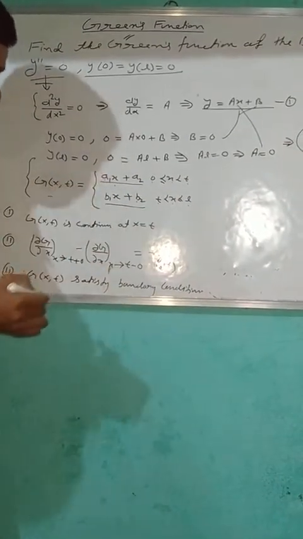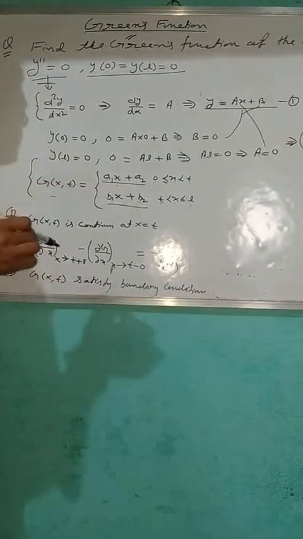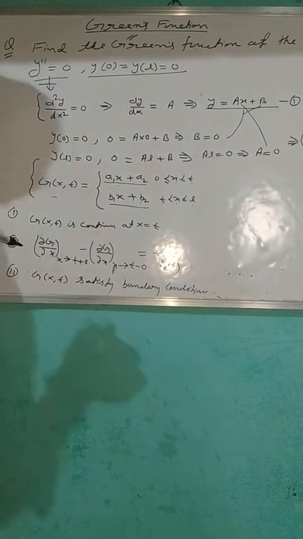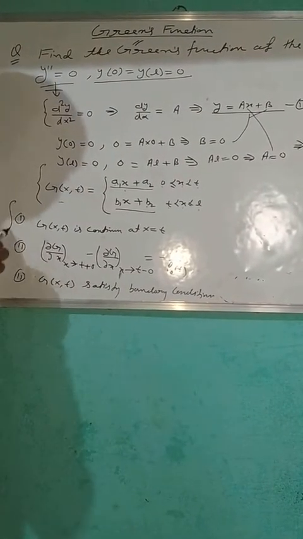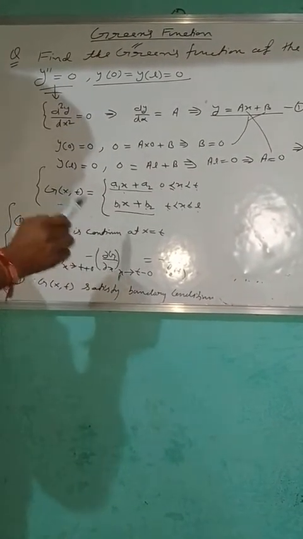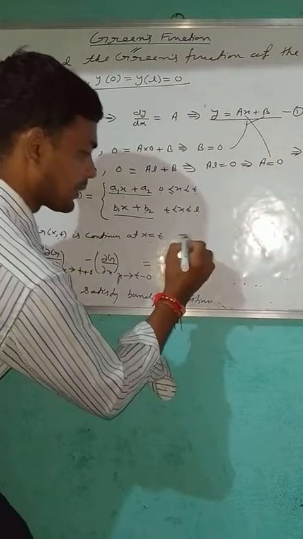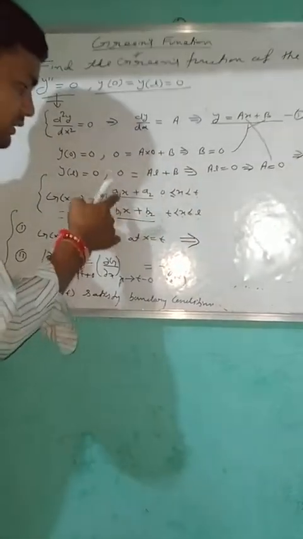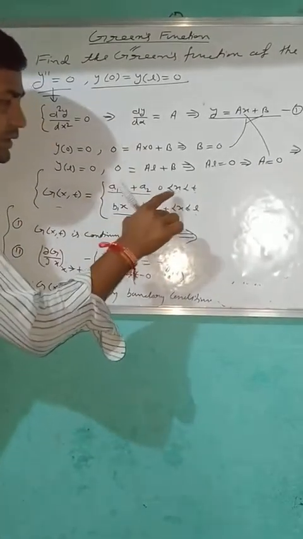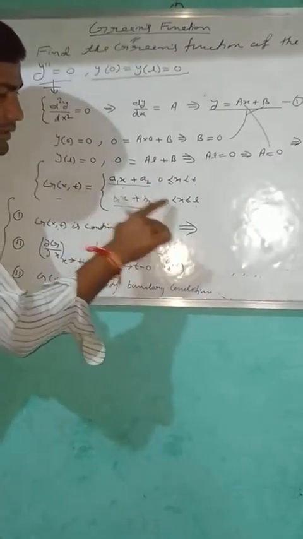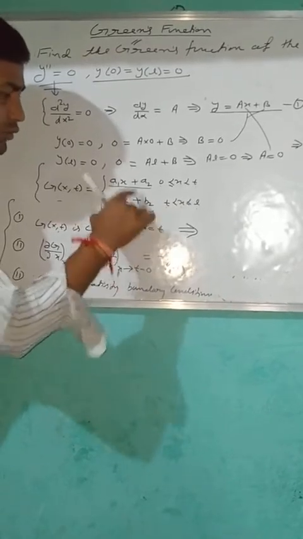For finding the Green function of a boundary value problem, we basically have three conditions. First condition: the Green function must be continuous at x = t. That is, at x = t, the left hand limit and the right hand limit are both equal.